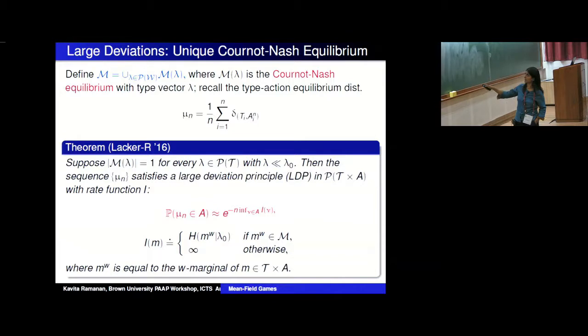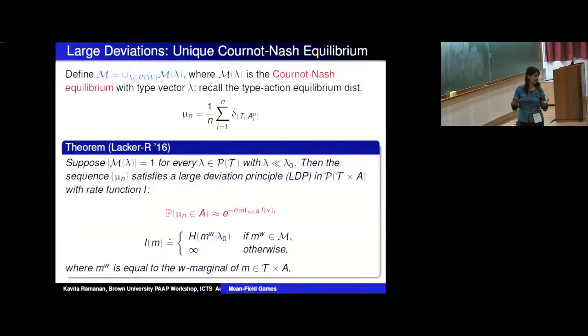So remember, m is something on T cross A. So I am looking at the relative entropy of the first marginal with respect to the base type distribution, if the second marginal lies in this space M. Otherwise it's infinity.